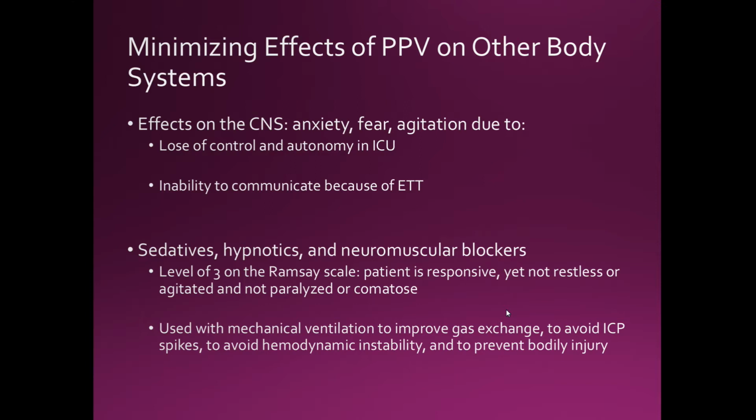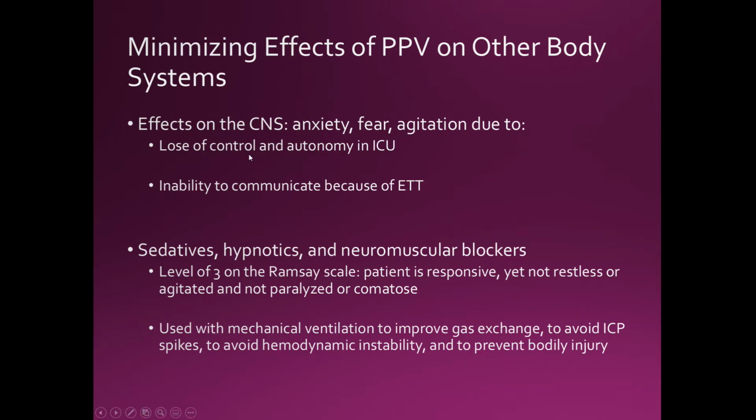You're going to have an asynchronous event with the ventilator. If you're scared, you're going to have a lot of fear. You might be agitated. Why? Because the respiratory therapist didn't set the trigger right, didn't set the volume right, didn't set the respiratory rate right. So for whatever reason, you're going to get agitated.